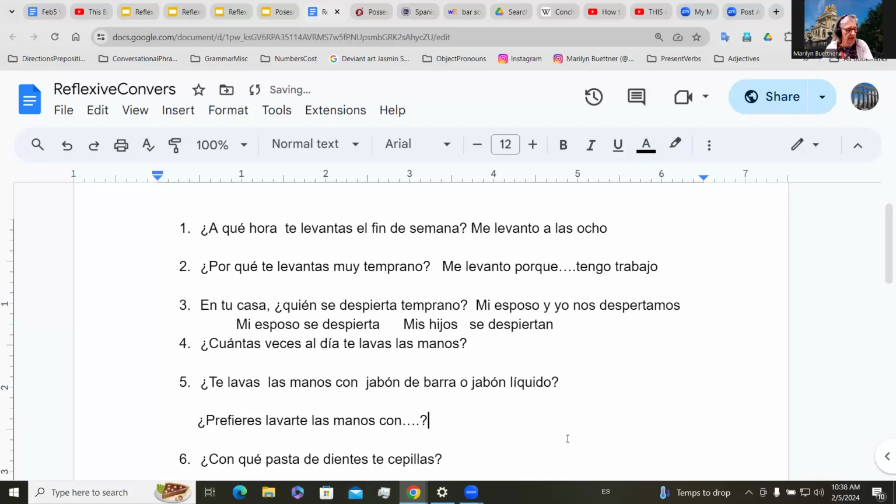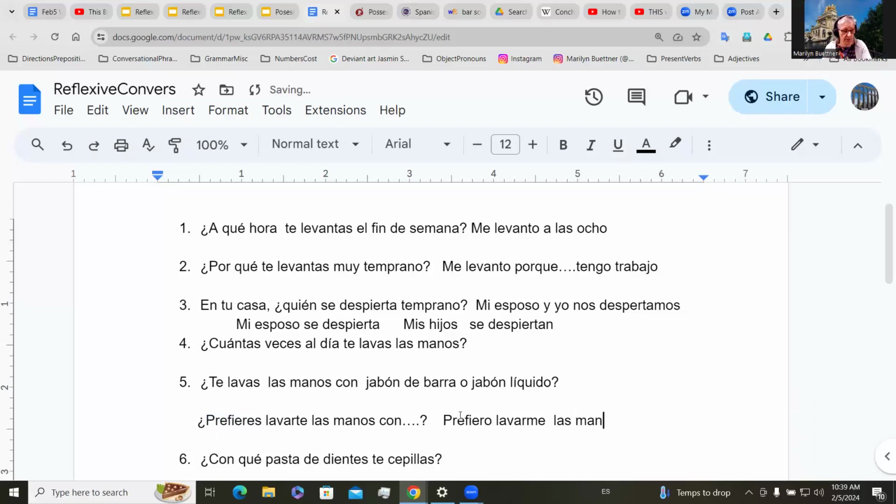If we use it as a 2-verb phrase with a reflexive, there are 2 things that might happen. But what is going to be consistent is that we're conjugating that first verb for a yo, right? So, prefiero lavarme las manos.